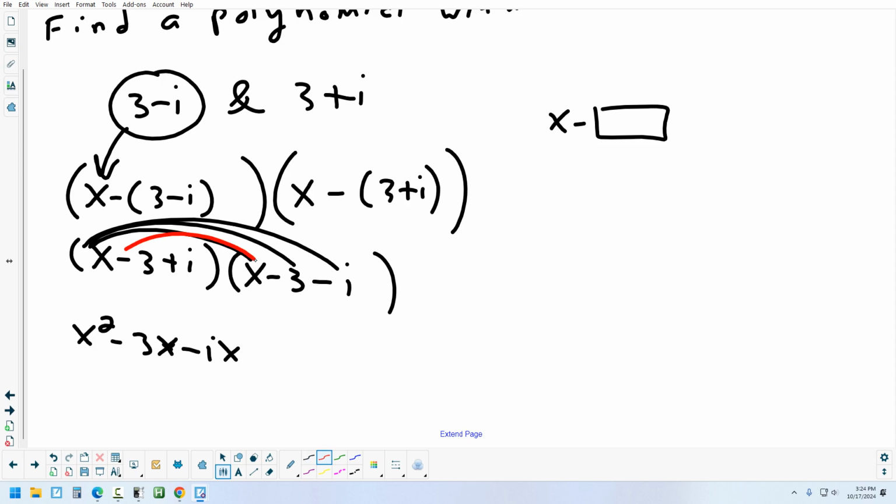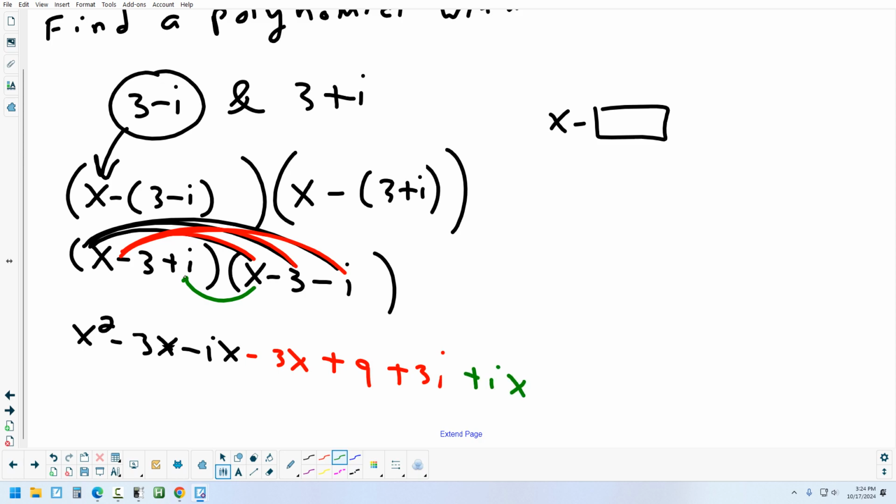Now let's do the negative 3. What's negative 3 times x? Negative 3x. And negative 3 times negative 3? Positive 9. And negative 3 times negative i? 3i. One more time: what's i times x? Positive ix.